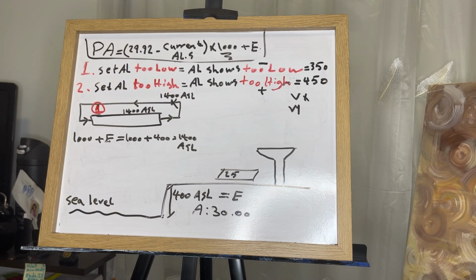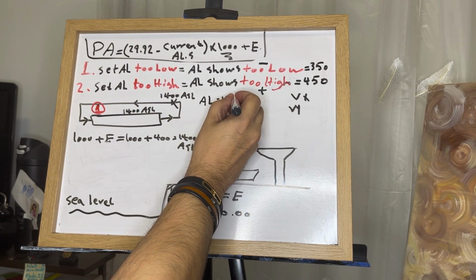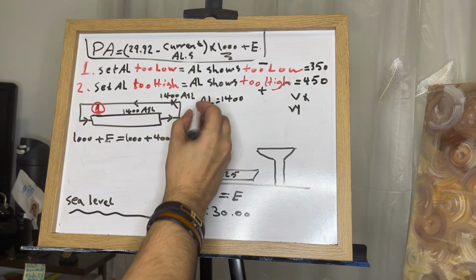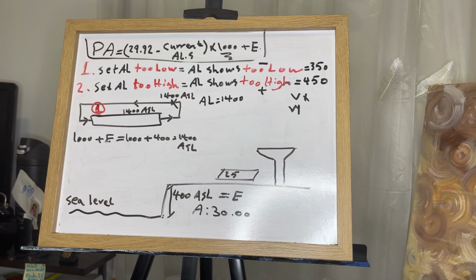So the altimeter shows you 1400 feet above sea level, right? But your actual height, or physical height, is higher than the altimeter indicator.